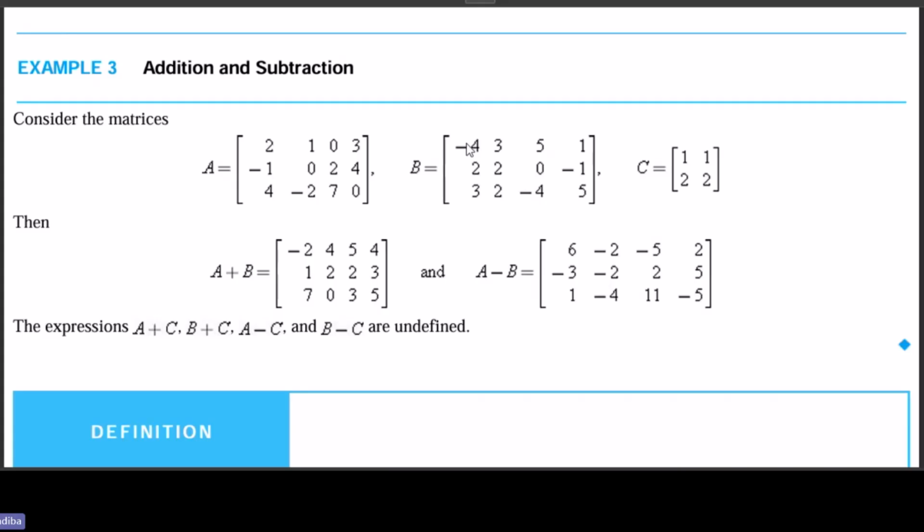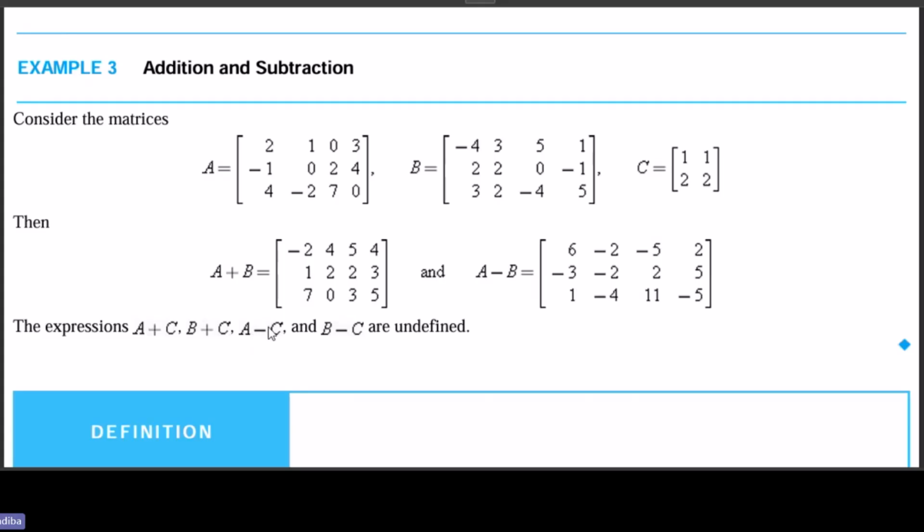Therefore, they cannot be added. We cannot have A plus C. Now let's look at B plus C. B plus C also cannot be calculated because the sizes of matrix B and matrix C are different.